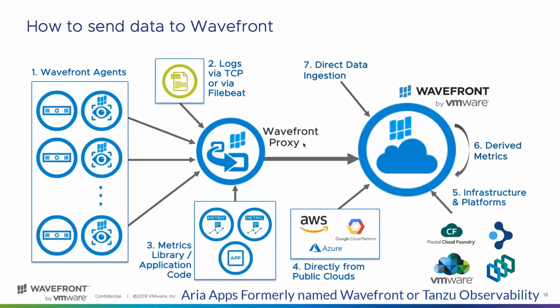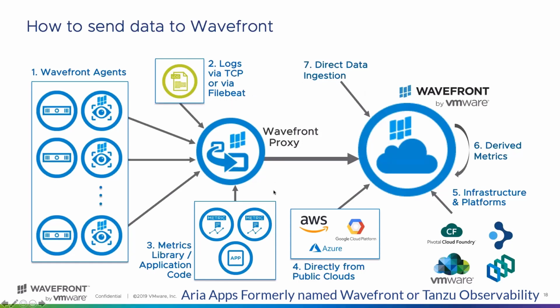We generally recommend using the proxy in production just because it provides a nice queuing point for data. So if you send data to the proxy and the proxy cannot send it to Wavefront, either because of a networking issue, or even if Wavefront was having an issue, or if you were trying to send data at a higher rate than your rate limit, and Wavefront was therefore pushing back on the proxy and telling it to queue up data, the proxy will keep that data locally.